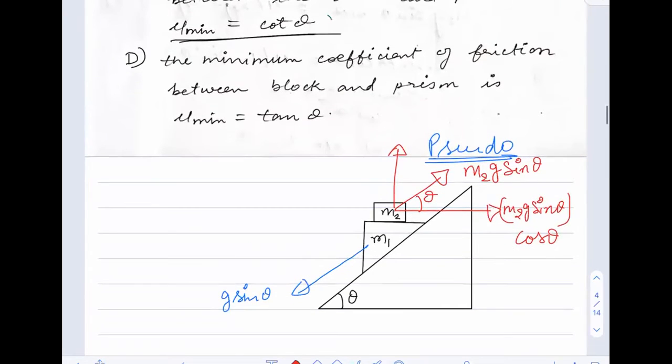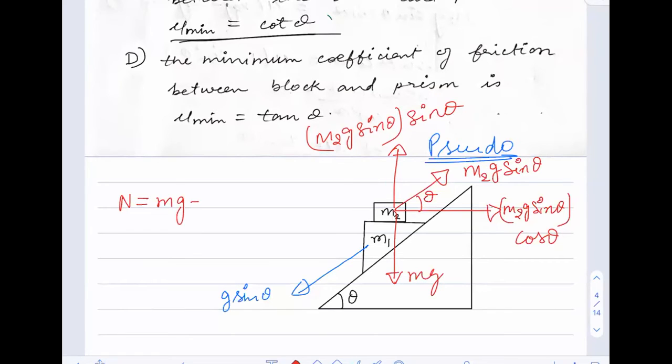For the vertical component, I can write m2 g sine theta into sine theta. Now on this m2, one more force is acting, which is mg downward. Now the normal reaction on m2 will be m2 g minus m2 g sine square theta. This is the normal reaction.